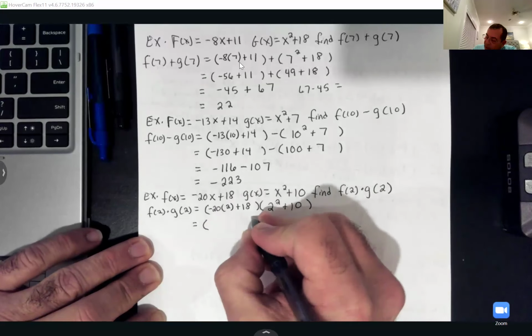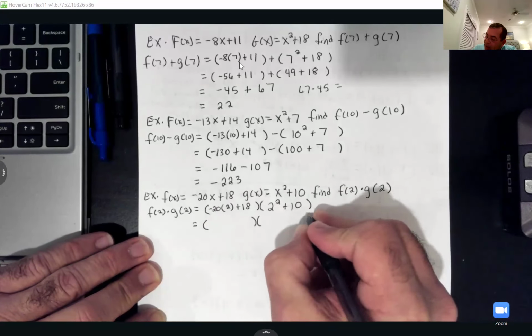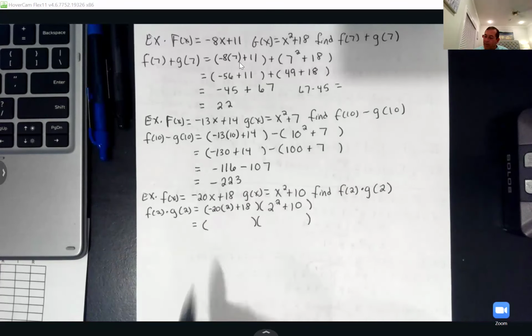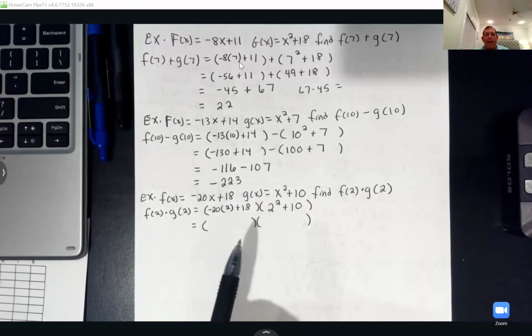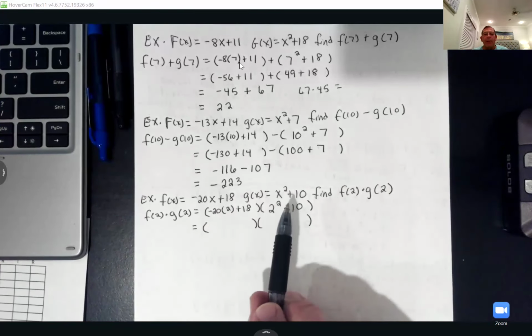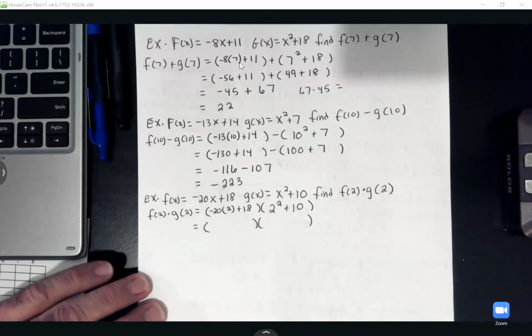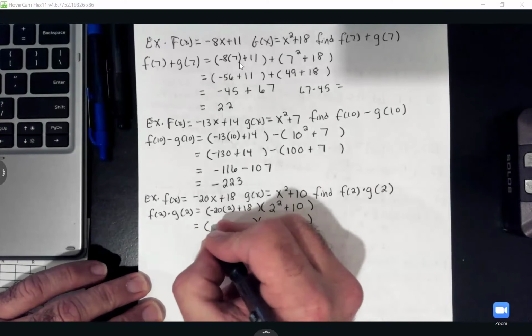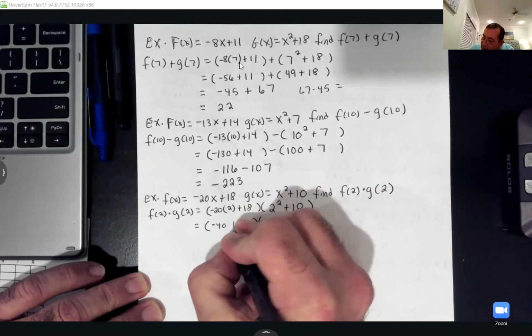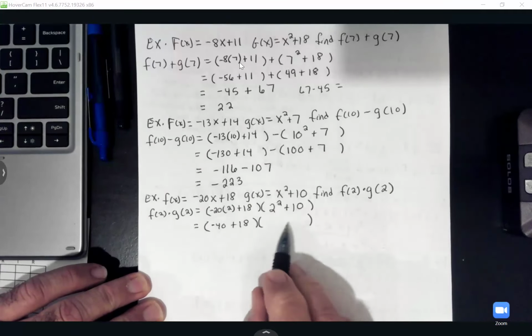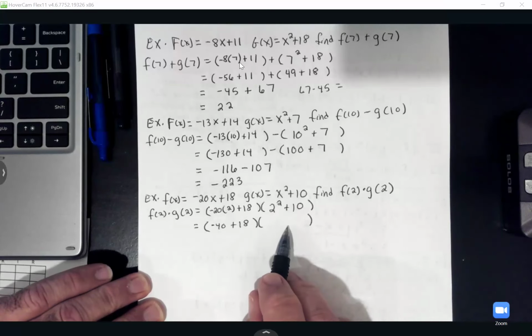So I'm still going to have a few steps after the first one. So the first one, multiply before you add. The second one, do the exponent before you add. Negative 40, so I got a negative 40 plus 18. And then on the right side, 4 plus 10.